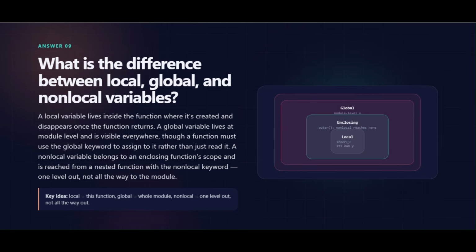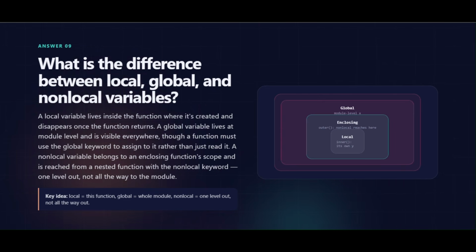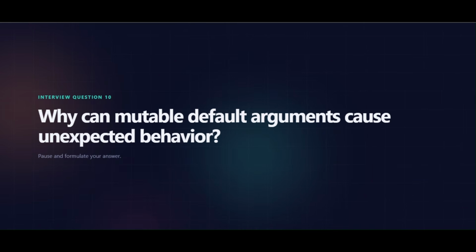A nonlocal variable belongs to an enclosing function scope and is reached from a nested function with the nonlocal keyword. One level out, not all the way to the module. So key idea: local equals this function, global equals whole module, nonlocal equals one level out but not all the way out.